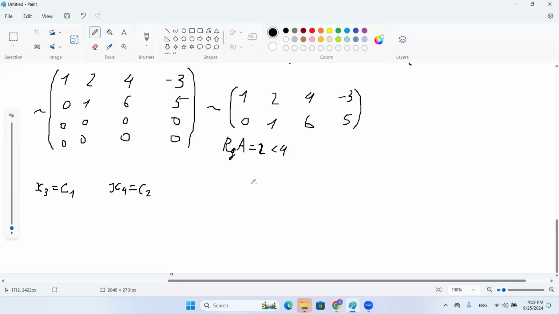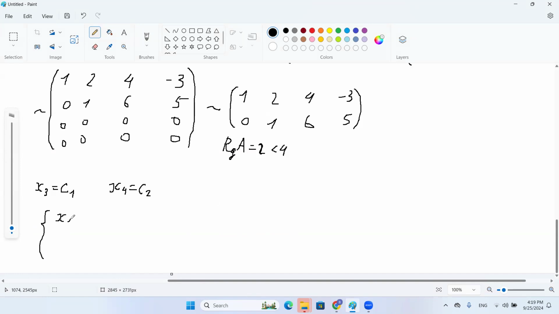Okay, so x2. Let's first write this system. Why did I erase it?